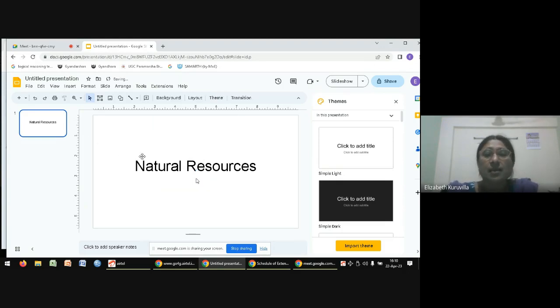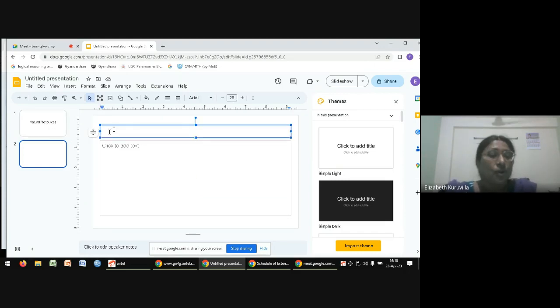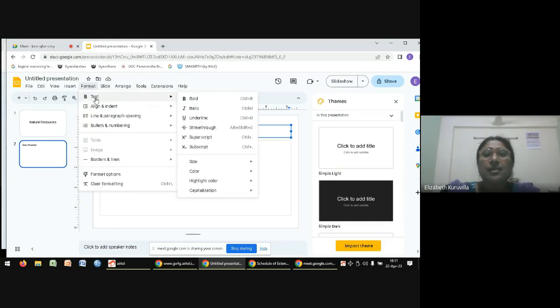Select and delete. Next, for adding one more slide, go to this part, put enter. Another slide will come. If you want to add the title, types of resources. If you want to change the font, select it, go to format, text.